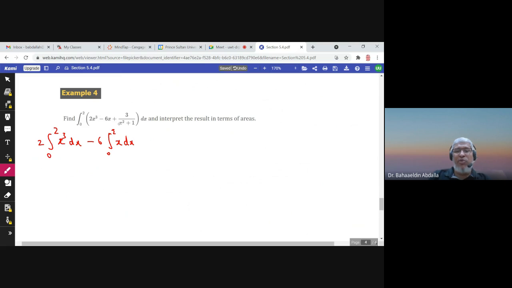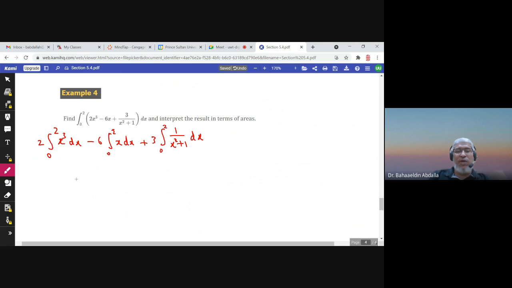I can distribute the integral if there is a plus and minus. Plus 3, I'll take the 3 out, the integral of 1 over x squared plus 1 dx, from 0 to 2.